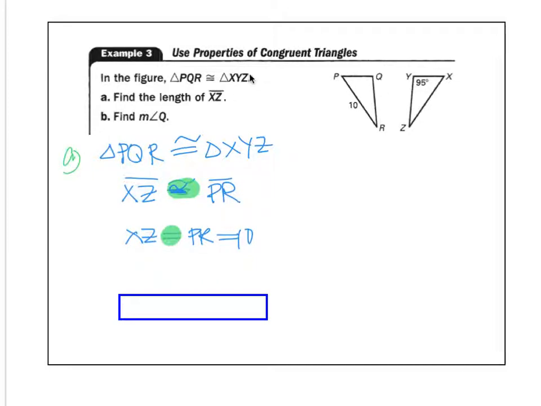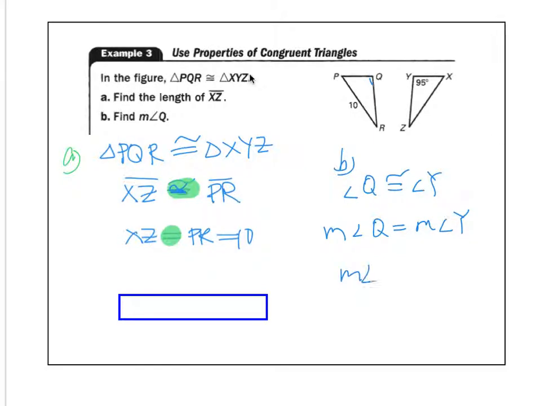The second part is asking us to find the angle measure for Q, which is here. And again, because the two triangles are congruent, angle Q should be congruent to angle Y. And therefore, their angle measures should equal each other. Again, notice how I differentiate congruent angles versus angle measure.